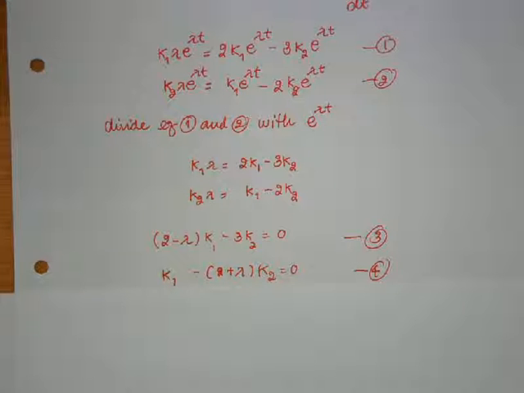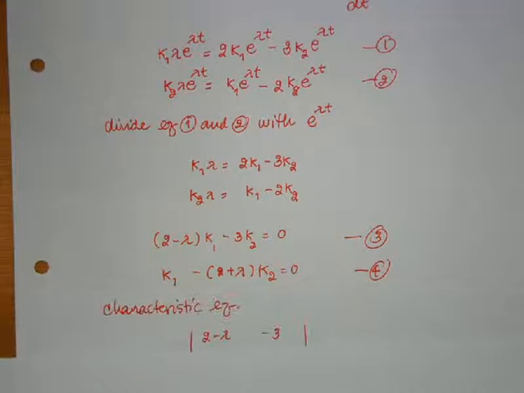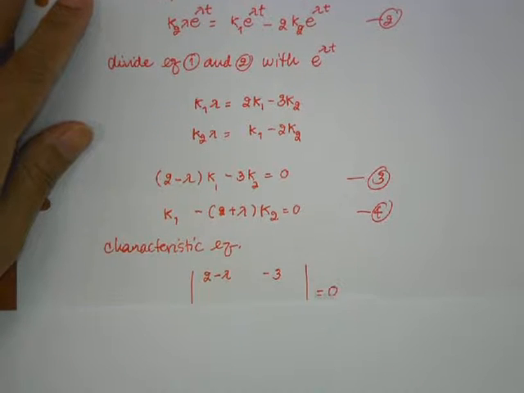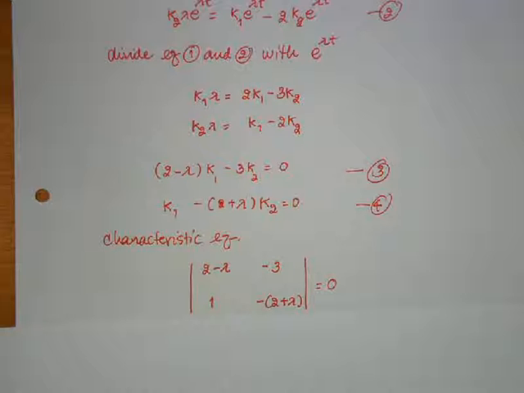From equation 3 and equation 4, I can write it down as a matrix with the coefficients of k1 and k2, and from that I would be able to write out the characteristic equation. The characteristic equation is just the determinant of the coefficient terms of k1 and k2 set equal to 0. This is a 2 by 2 matrix.